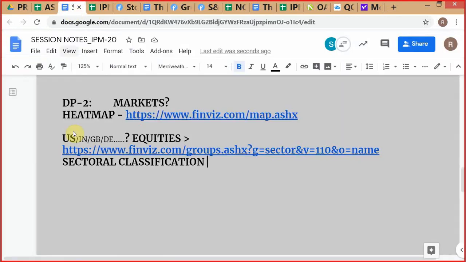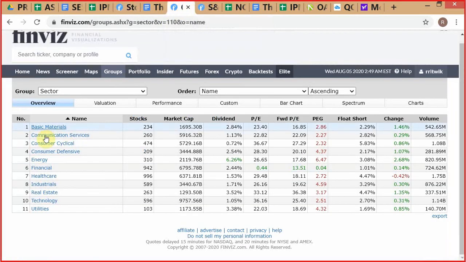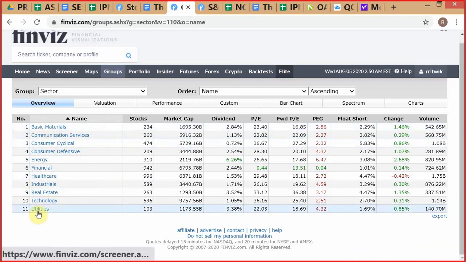But in general, we need to get this idea of sectoral classification. This is a general principle. This is a particular sectoral classification for the US markets. If you were to look at Indian equities, say Ava wants to become an equity analyst, sitting on the equity desk at IIFL and looking at classification of Indian equities, she may not see the exact same sectors.